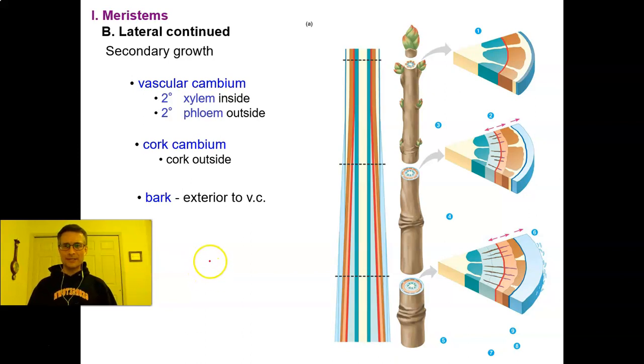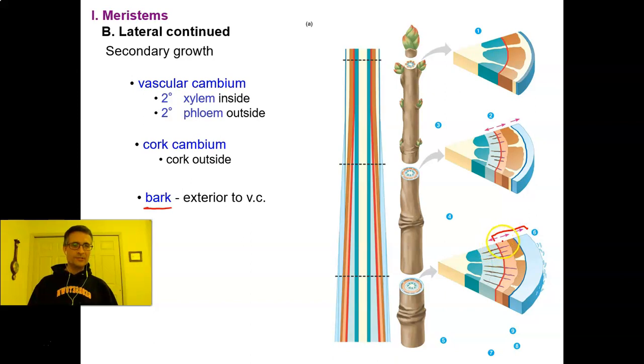The last term that I'd like to mention in this diagram is bark. And so bark is often considered to be cork, but it's more than cork. In fact, it's everything that's exterior to the vascular cambium. So in this particular picture right here, here's our vascular cambium in red. And so our bark is everything that's external to that.